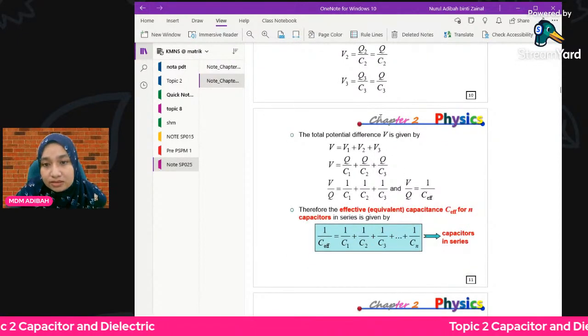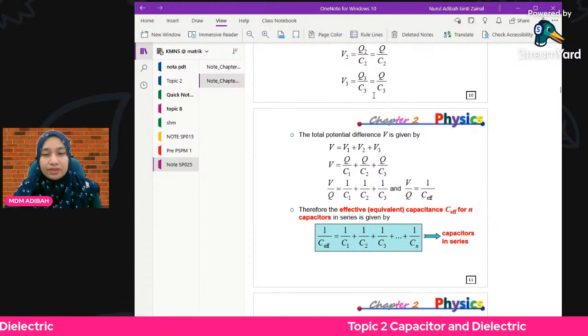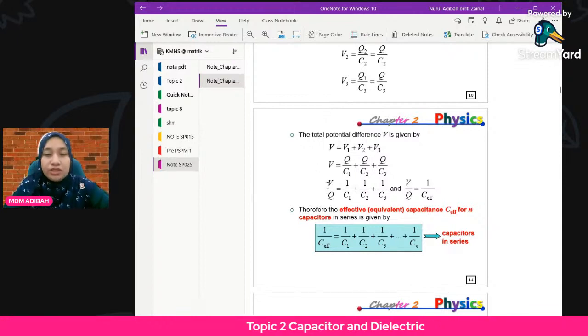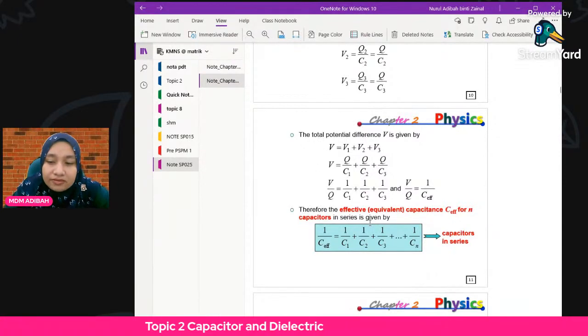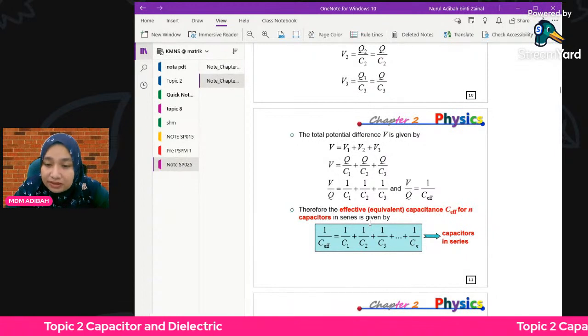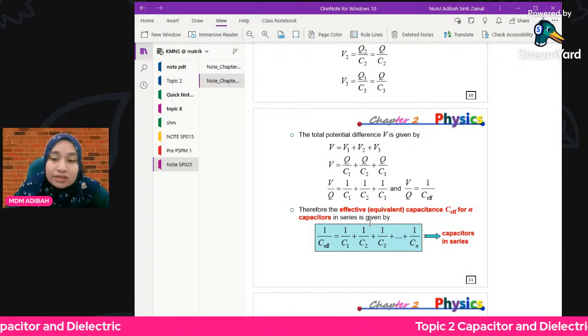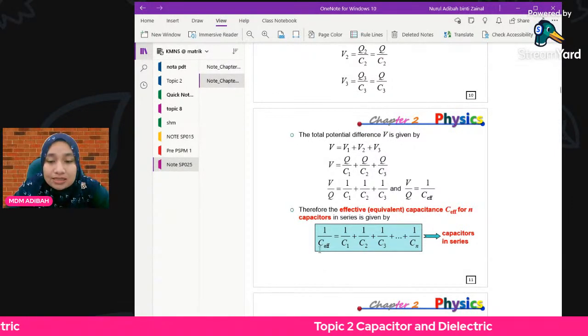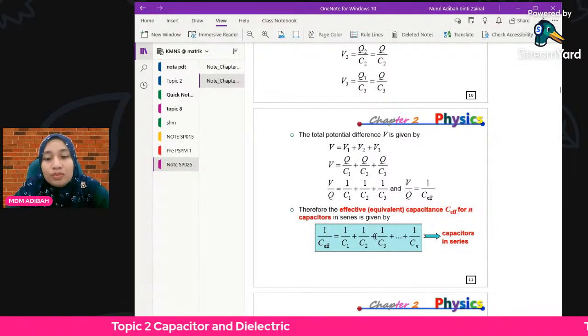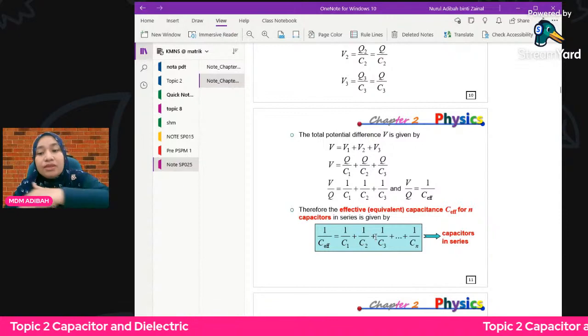So from all this, kita boleh dapatkan formula untuk C effective sekiranya kapasitor disusun secara series: 1 over C effective equals 1 over C1 plus 1 over C2 plus 1 over C3 and so on.